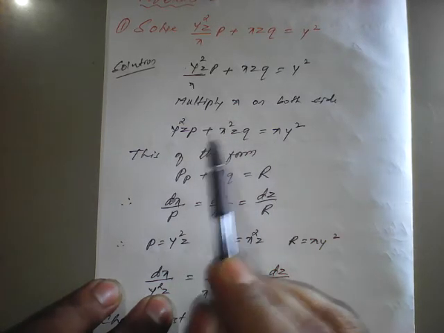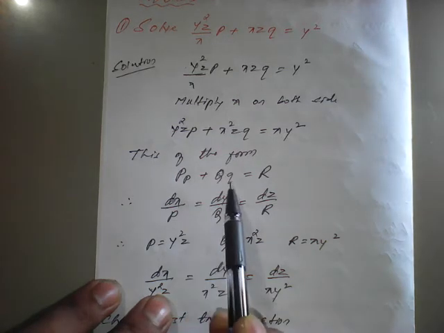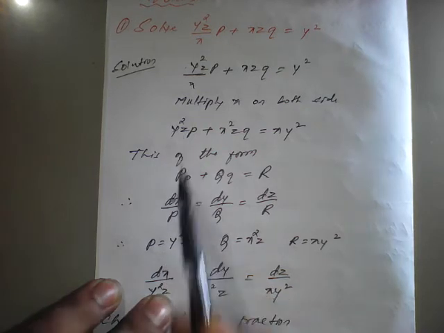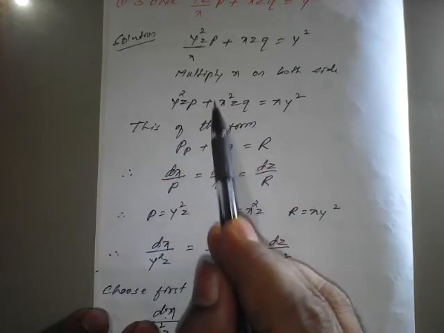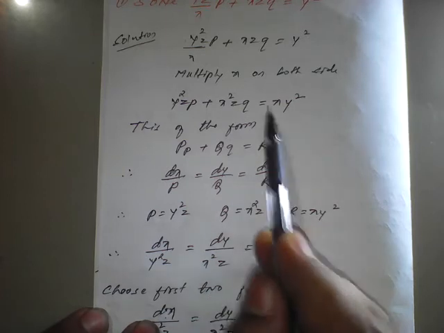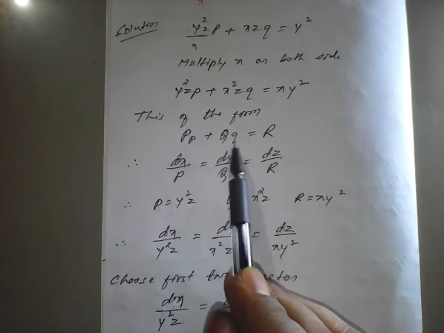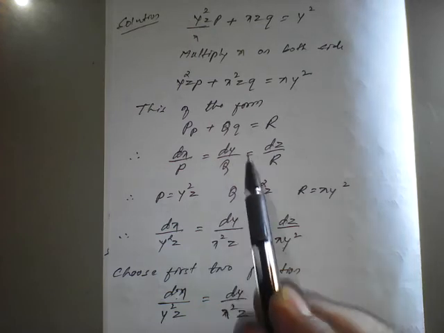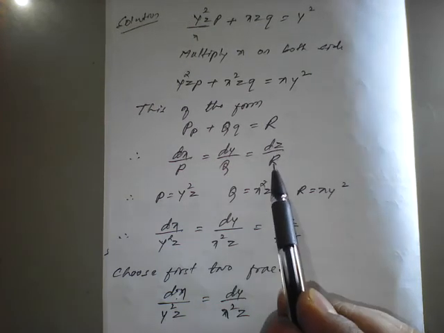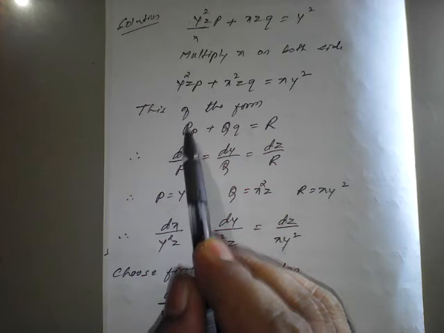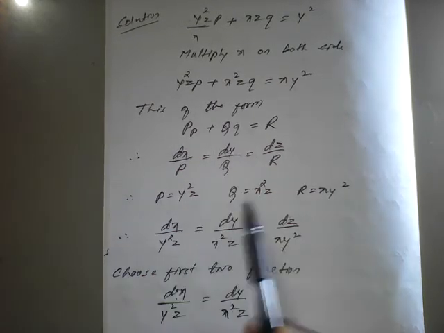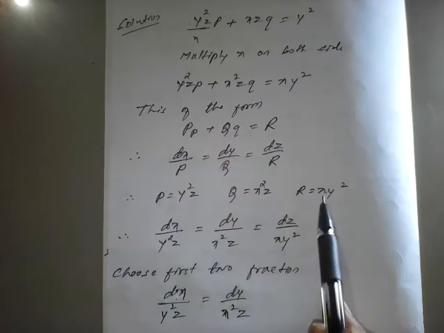Once we have this, it is of the form Pp plus Qq is equal to R, where the value of P is the coefficient of small p, that is y square z, the value of capital Q is x square z, and the completely right-hand side is the value of R. Therefore we can write the auxiliary equation as dx upon P is equal to dy upon Q is equal to dz upon R, where P is y square z, Q is x square z, and R is x y square.